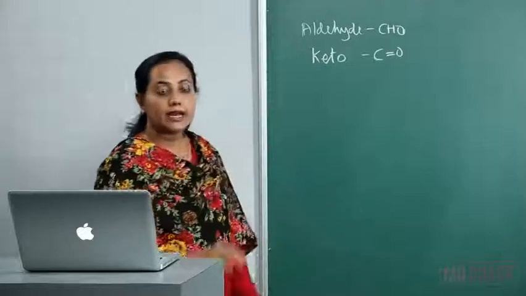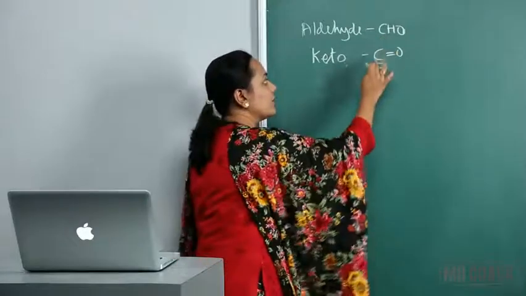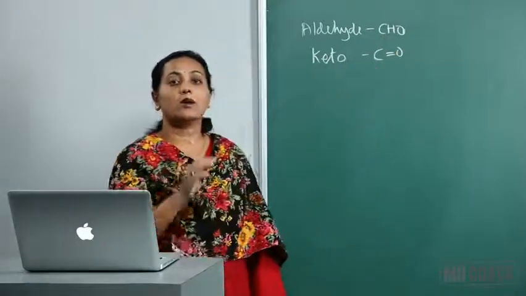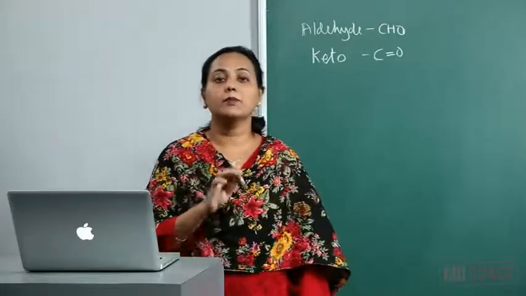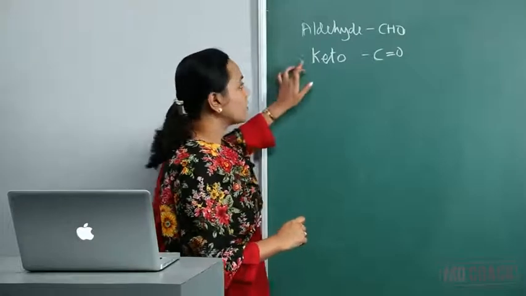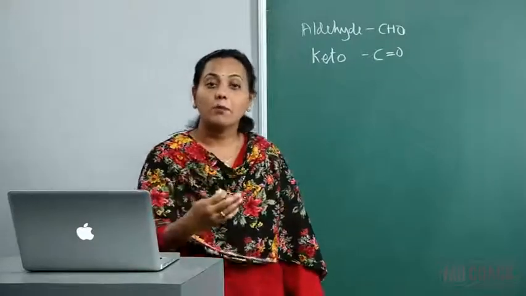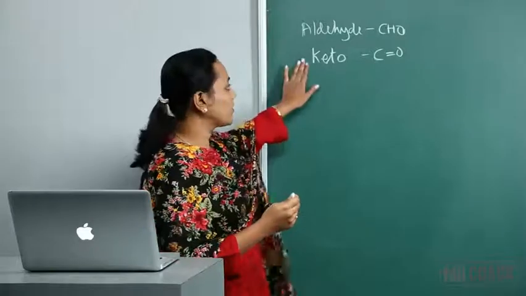So any compound which has an aldehyde group or a keto group comes under the class of carbohydrates. Basically, all carbohydrates are polyhydroxy aldehydes or ketones, or compounds which give these upon hydrolysis.